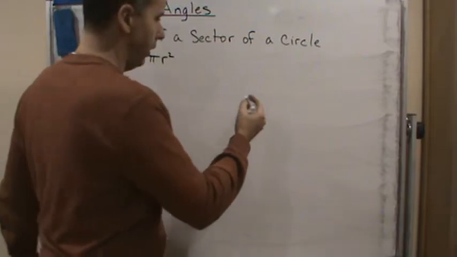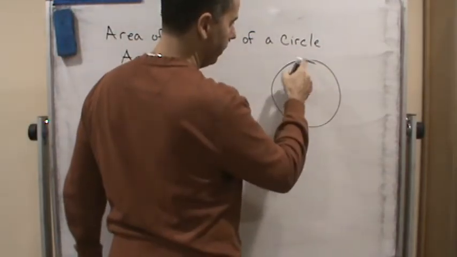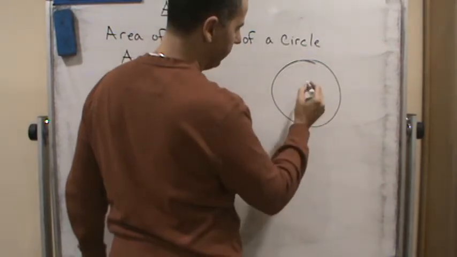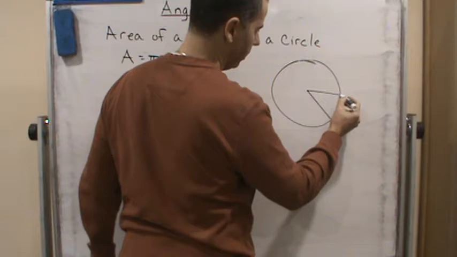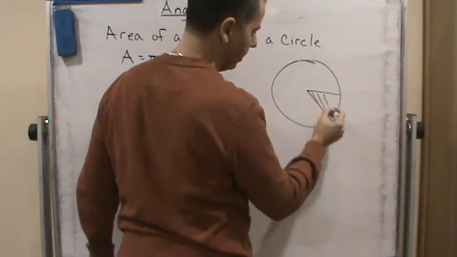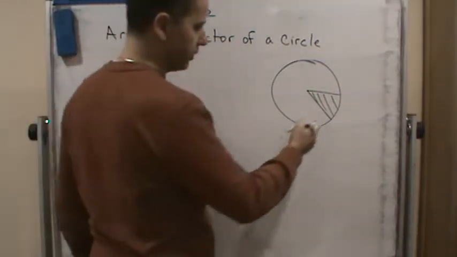So, for example, let me just illustrate. If I have a circle here, and I just have this, and I want to find the area of that sector. So this would be the sector.